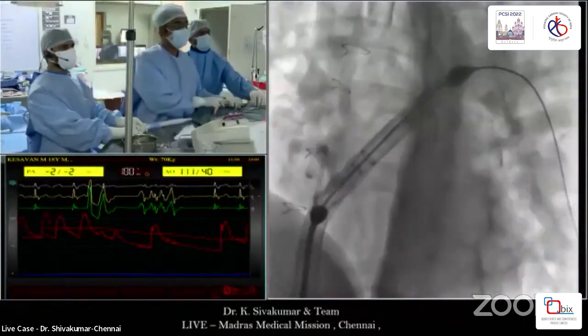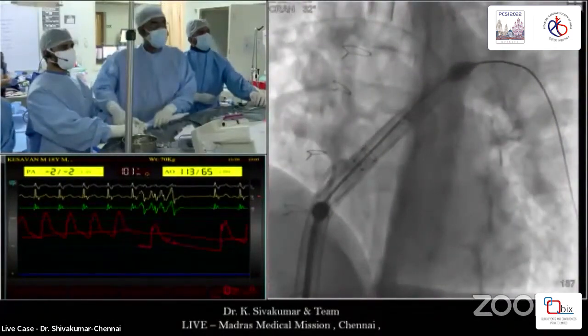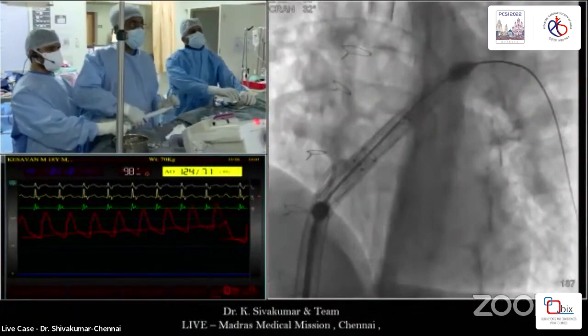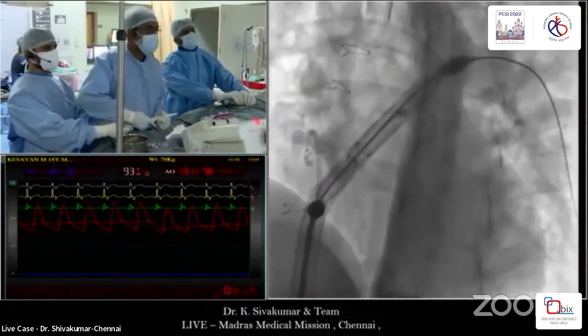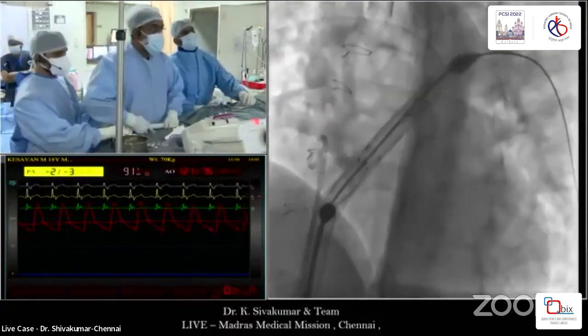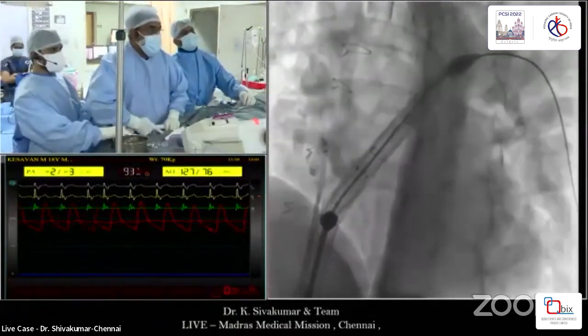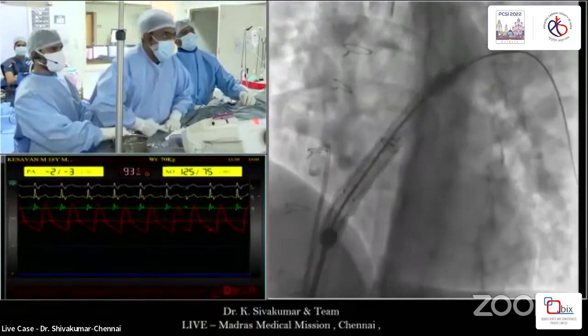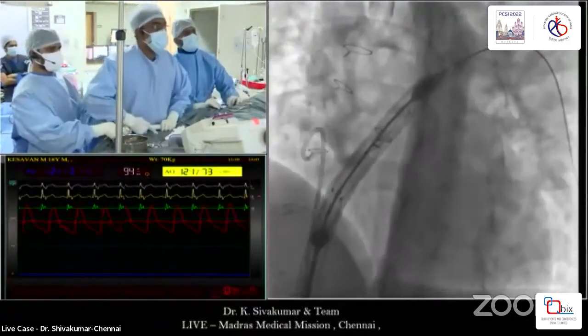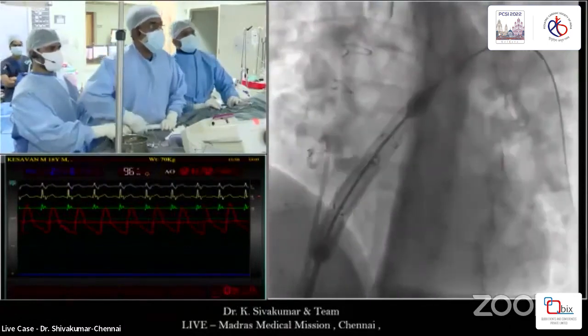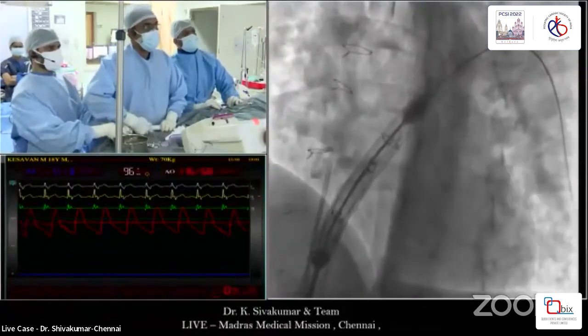Whilst you're doing that, Shiva, this is really not for you, but for the audience here. This was the point I was trying to make about RPA deployment, because from the LPA, there's a very narrow margin of safety on this patient's anatomy, not normally, but this one, because of the short MPA and also the tapering that is slightly more distal.